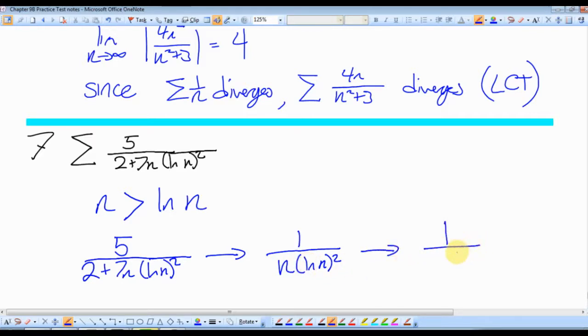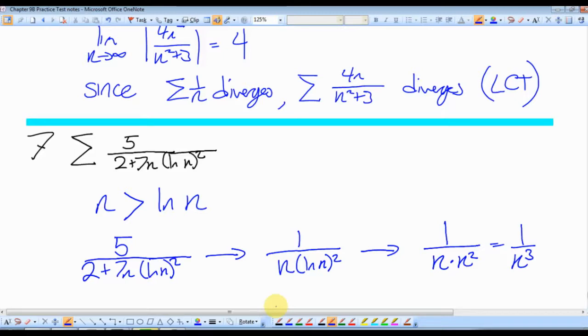But if I replace all those natural log of n's with n, I do get a p-series. You just keep replacing stuff until you get a p-series. I can't have a p-series with a natural log of n, so I changed it to an n.